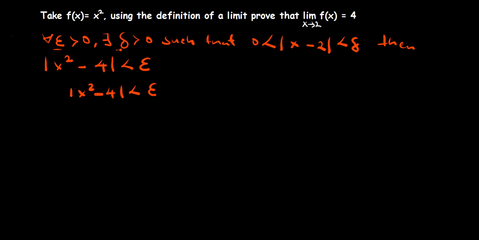For every epsilon, there must be a delta. So now let's work this out in order to get a delta. We must work it out such that we see something similar to this here. From the looks, I can factorize that: modulus of x minus 2 times x plus 2 is less than epsilon.